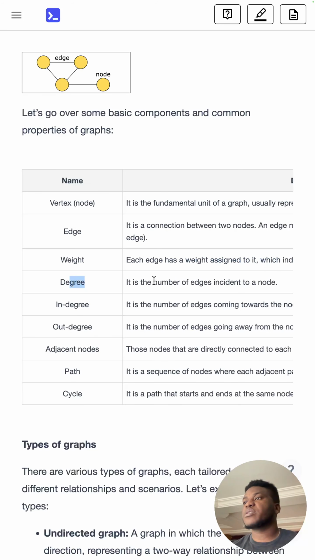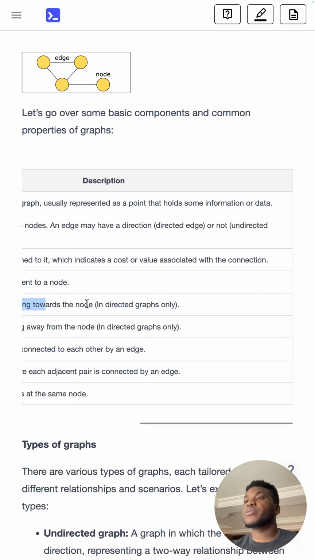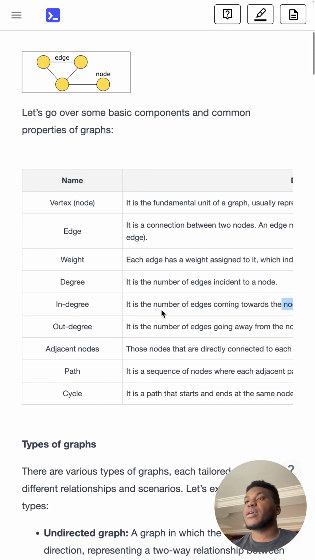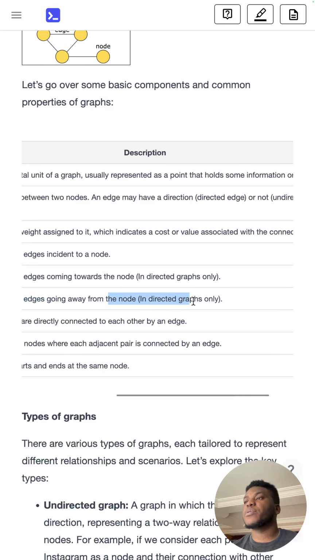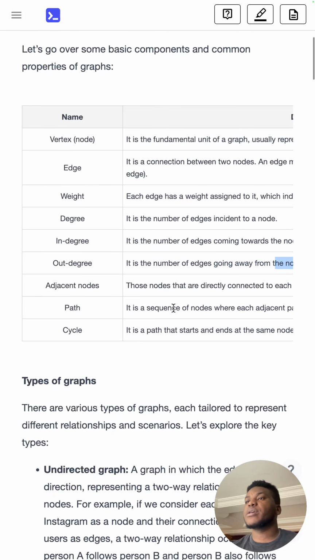A degree is the number of edges incident into a node, so coming in or going out of a node. And then you have in degree, it's the number of edges coming towards the node, that is in the directed graph. And an out degree is the number of edges going away from the node in directed graphs only.